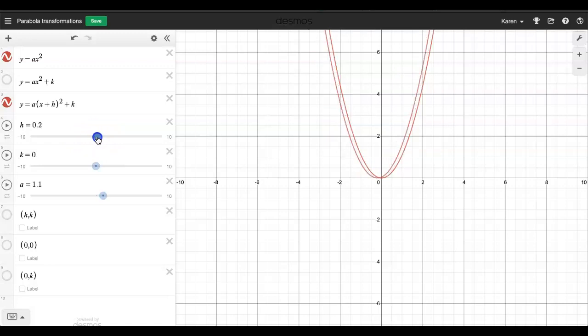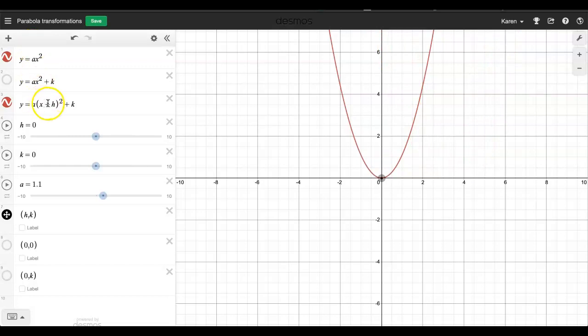And then if I make h positive, it actually shifts the graph to the left, which just seems somewhat counterintuitive. It feels like if I add something to x, it should shift to the right. But it actually works the opposite of what you would expect. And then if I subtract something, it shifts the graph to the right.